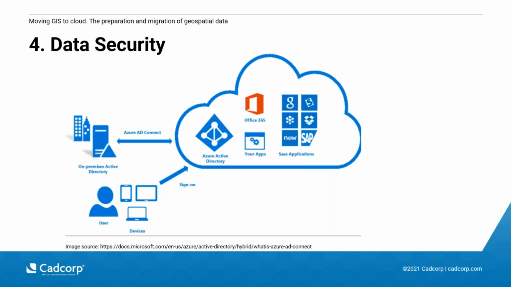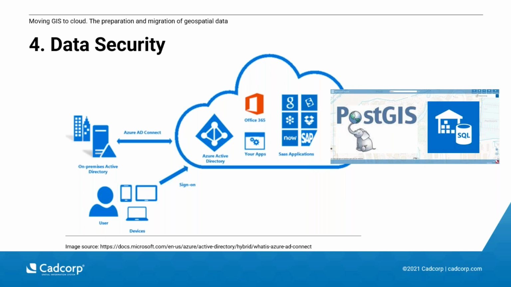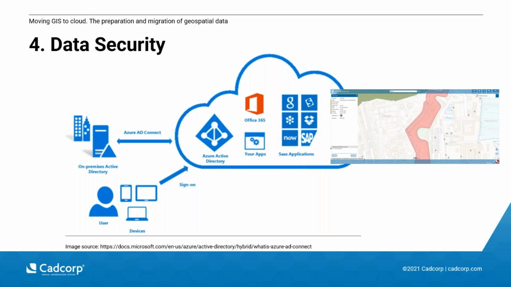So Azure AD will control access to any cloud software. And then on top of this, CAD Corp recommends a spatial database such as SQL Azure, or PostGIS, where a database security model will only allow certain users or groups permissions to different tables once the data is in the database.